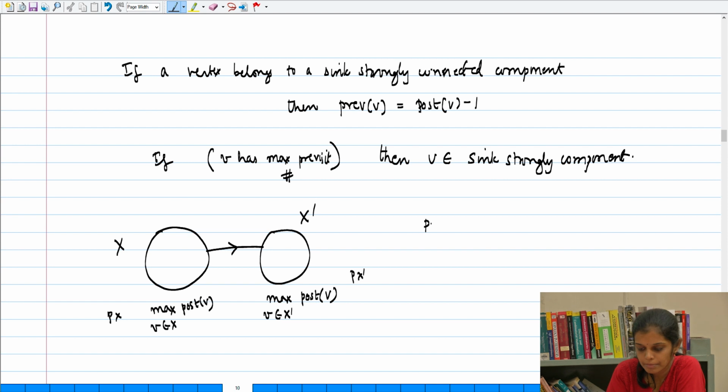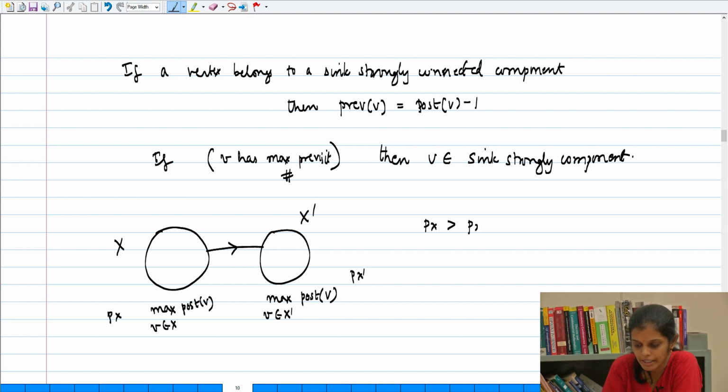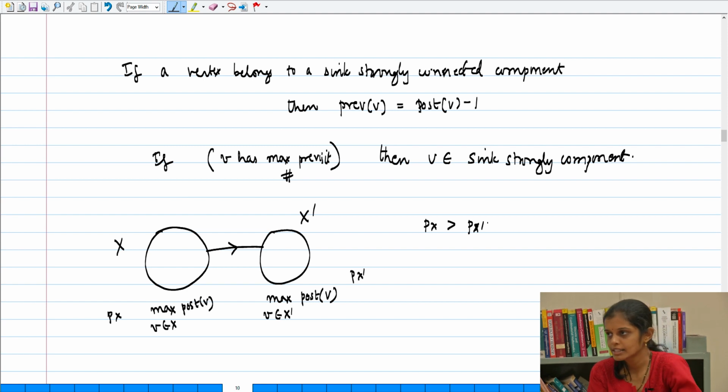I want to claim that px is greater than px prime, right? px is a number which is obtained by the post visit number of some vertex inside this component, and px prime is the post visit number of some vertex inside this component, right? And they are valid post visit numbers, therefore they lie between 1 and 2n, right? Okay, again the statement is of the flip type, but we will make use of this statement to get the correct kind of statement that we want.